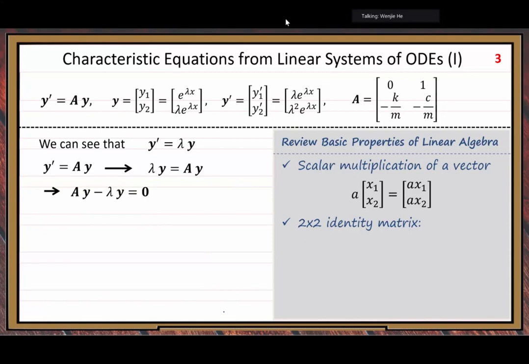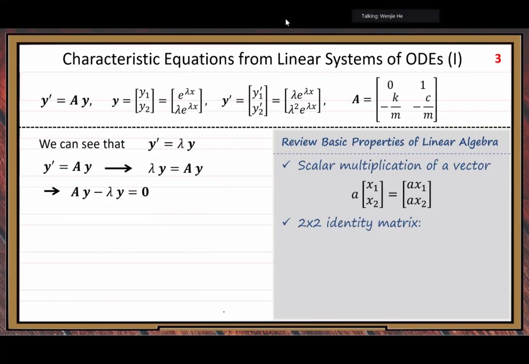Some of the properties are quite different from our scalar multiplications. We're familiar with number-based multiplications, not vector-based multiplication. So when we work on matrix-vector multiplications, we should be very careful. Sometimes you could be wrong if you use number-based multiplications to do the calculation.